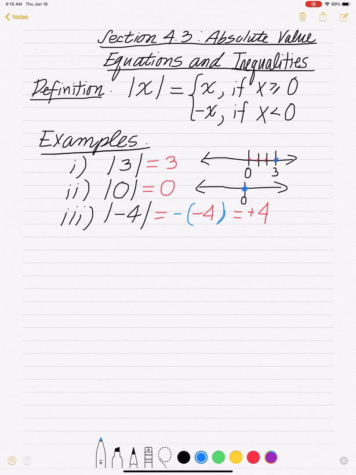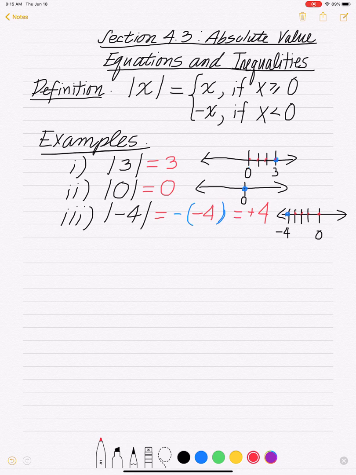And the last situation, I've got 0 here, and I've got 1, 2, 3, 4, negative 4. So think about your number as negative 4. How far is that away from 0? Well, 1, 2, 3, 4 units away from 0, so 4. The absolute value of negative 4 is 4.